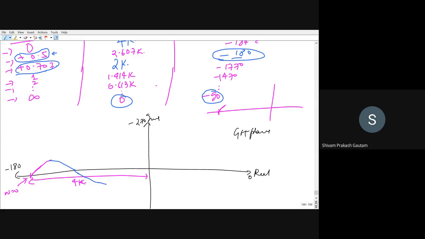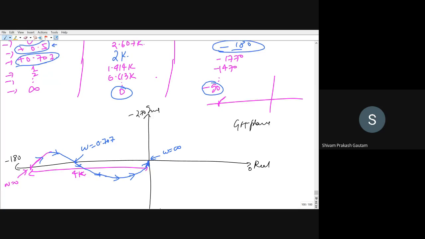That means it will go on and will never again cut the 180 degree line, and will become tangent to 90 degree. So this is how your polar plot will look like. So this point is omega is equal to 0.707, and this is omega is equal to infinity. This is the complete rough polar plot.